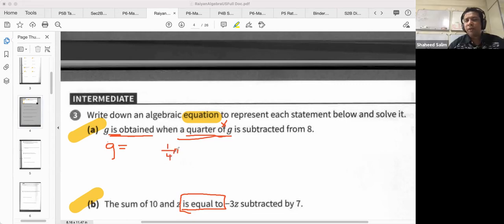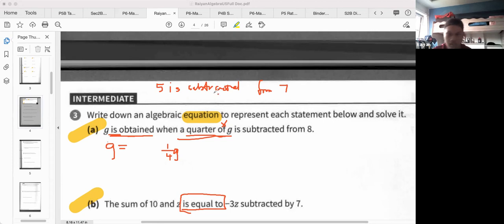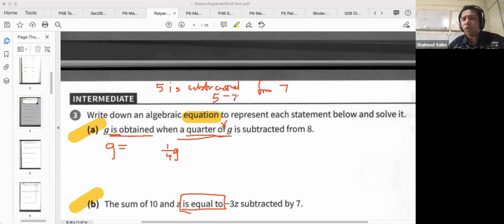Okay, and now I'm going to give you another sentence. 5 is subtracted from 7. What does it mean? 5 minus 7 or 7 minus 5?